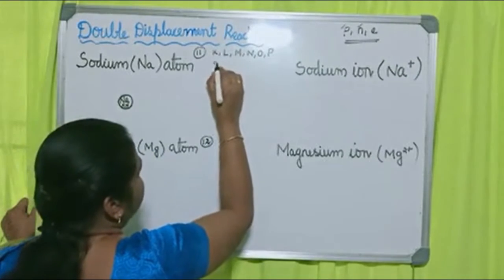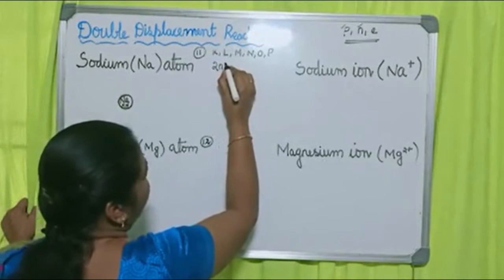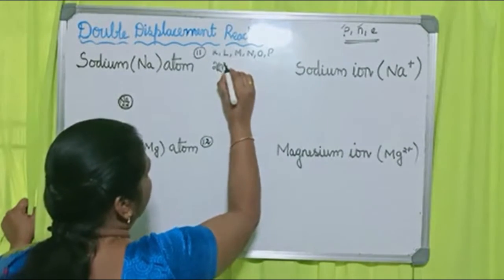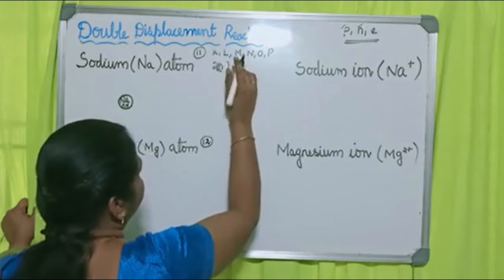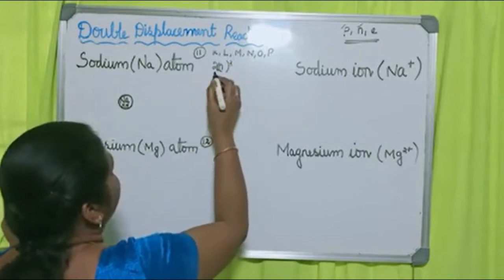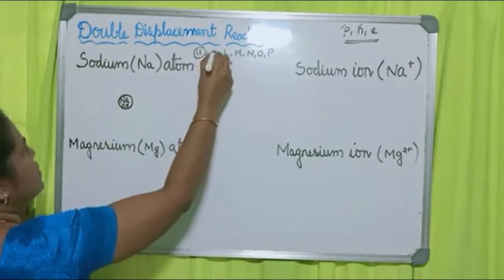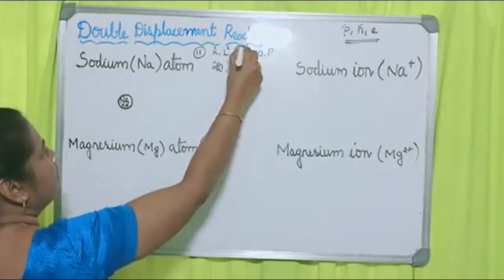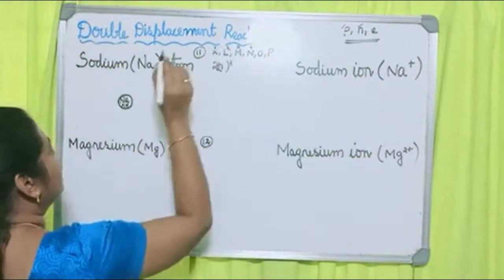One formula is there to find out the number of electrons in each shell: 2n square. Correct? For example, this is K shell 1, L shell 2, M shell 3, N shell 4. Like that it goes.